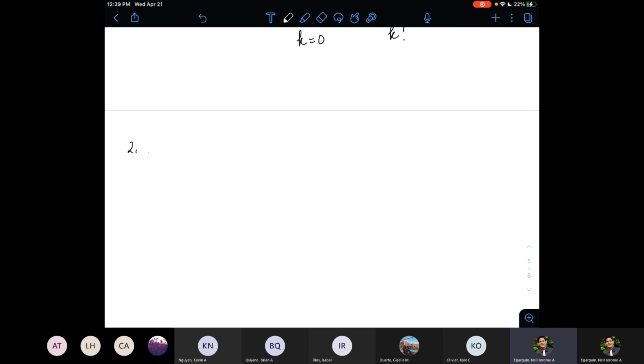Let's try this one then, ln of x. Have you answered this problem in the lecture? Let's say around x equals a equals, say, 2. Have you derived an expansion for ln x in the lecture?